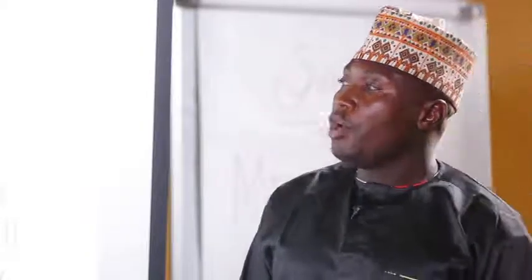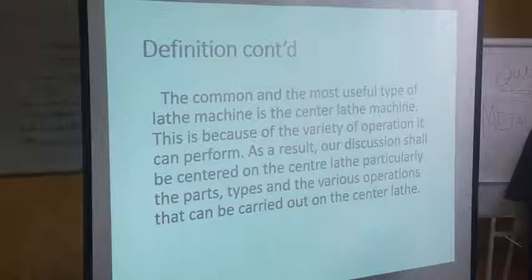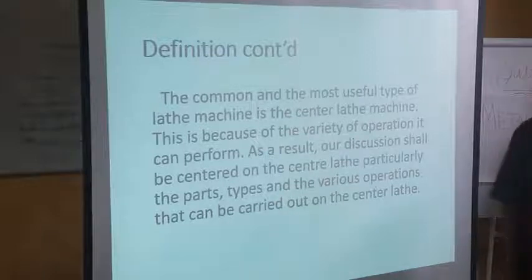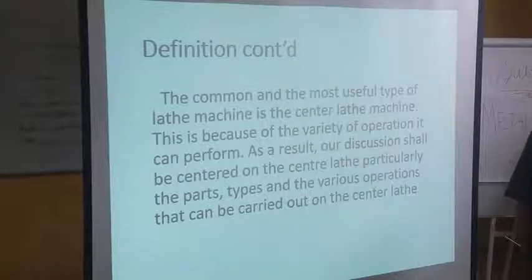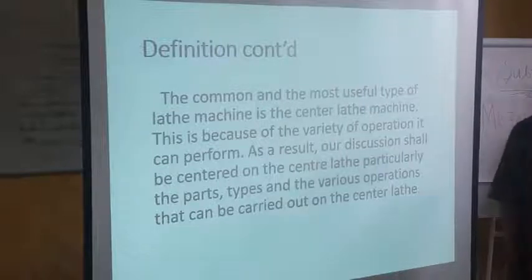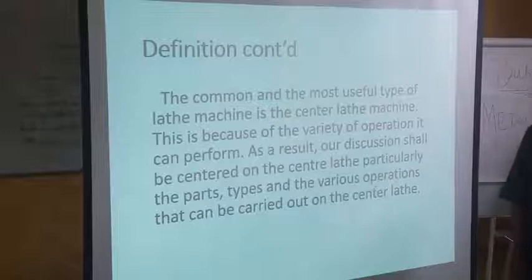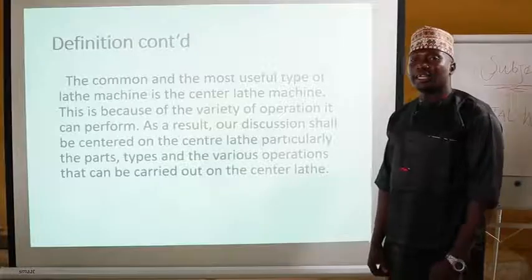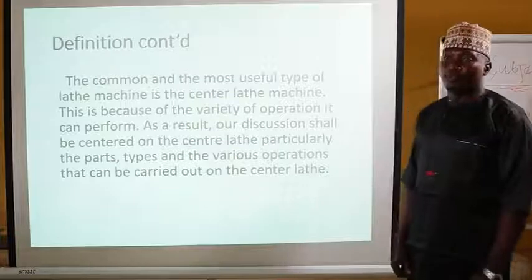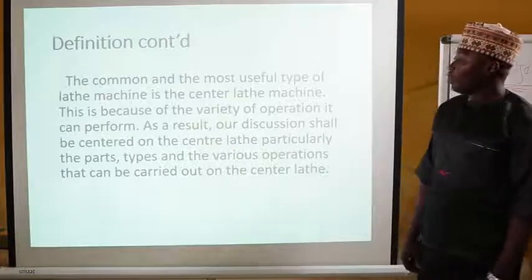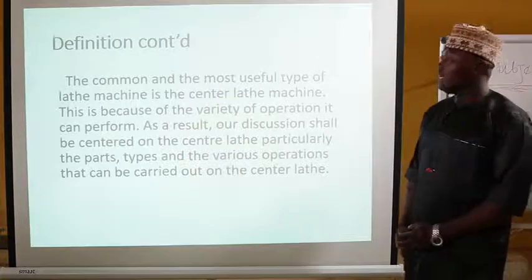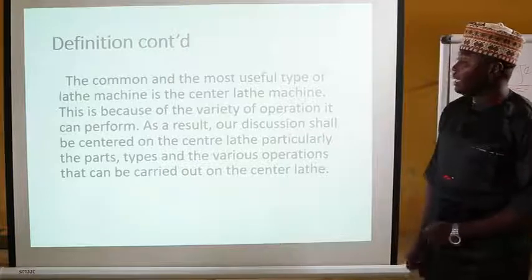Now, the common and the most useful lathe among all of these I've mentioned is the center lathe, because the center lathe machine is so very important in the tool room because it performs other operations that other lathe machines cannot perform. And so we shall center our discussion only on the center lathe machine.